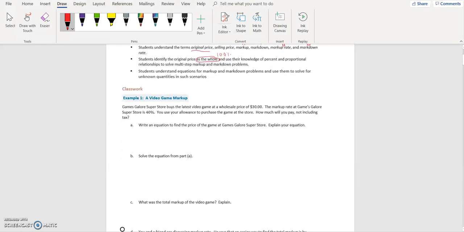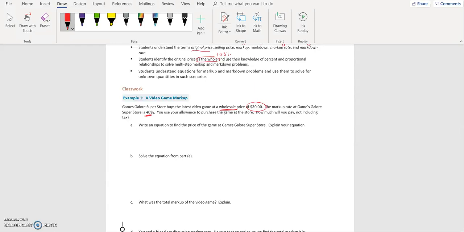So let's look at example number 1. A video game markup. Games Galore Superstore buys the latest video game at a wholesale price of $30. So wholesale means you're buying it kind of in bulk, like if you were to go to Sam's. The markup rate at Games Galore is 40%.